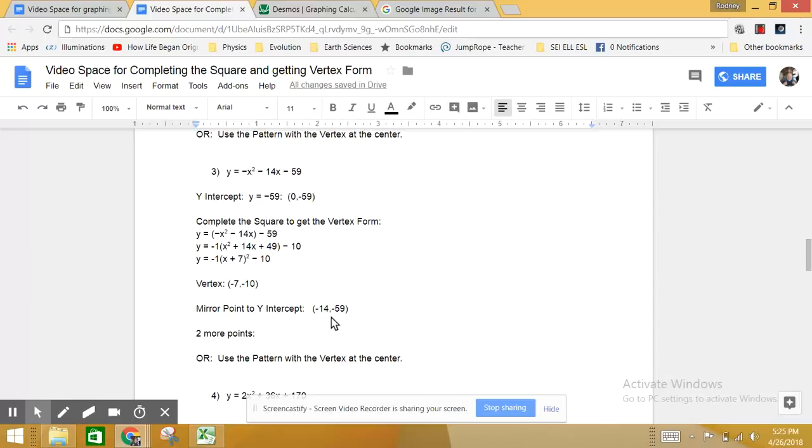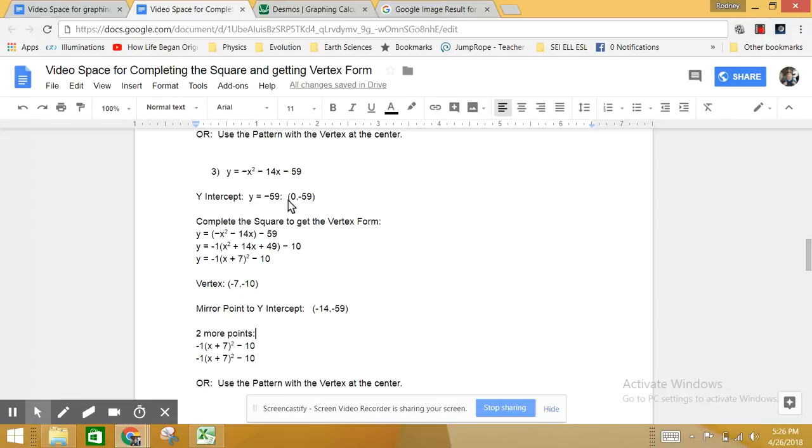At this point, I need to select a couple of points. And I'm going to find it easier to plug in x value inputs to the vertex form. So I'll just copy that here a couple of times. And we'll pick 2 points on either side of negative 7, because that is my middle point, and I would like to have 2 points that help with the symmetry of things.